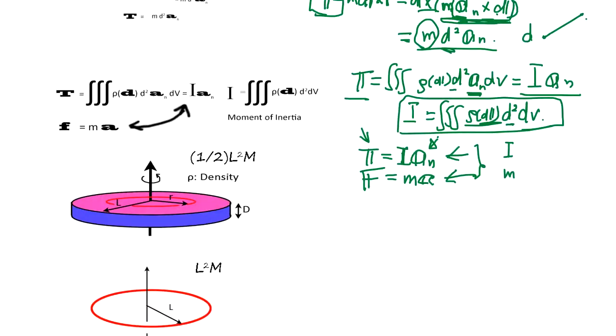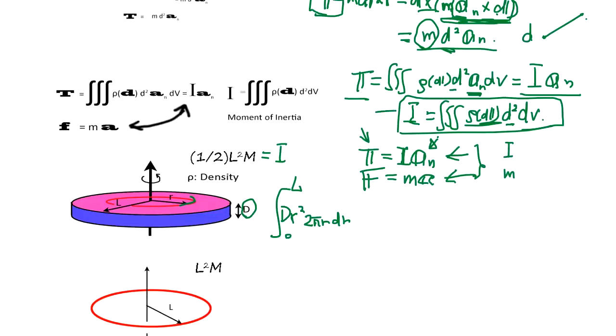We can calculate something like this: a disk spinning around, how much moment of inertia it has. We just apply this integral, and since it's a fixed width, we care only about this circle area, which is 2 pi r dr, and the distance is r square, right? From 0 to L, and you need to have a rho.